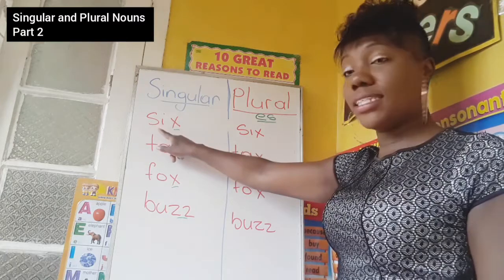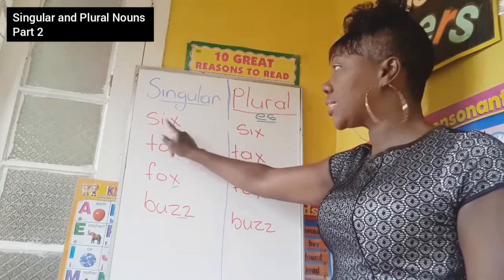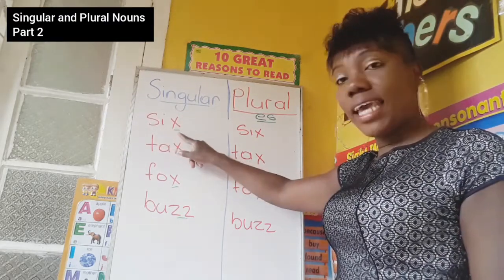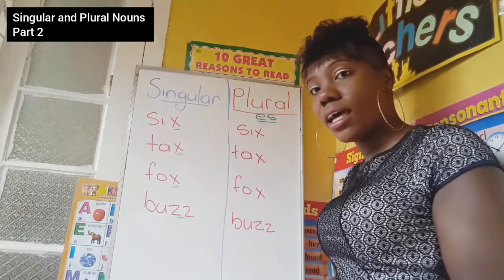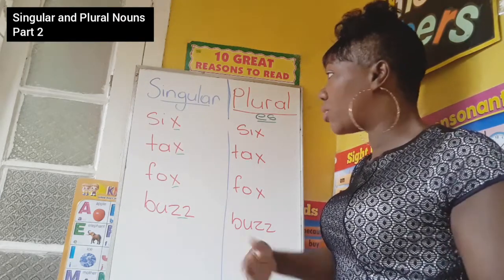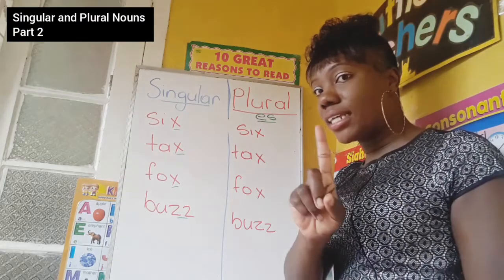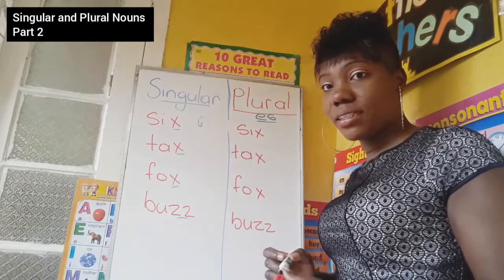Now which word is this? Six. This word is six. We know that six is a numeral, it's a number. Now this is one six. It's a singular six. It is just one six.